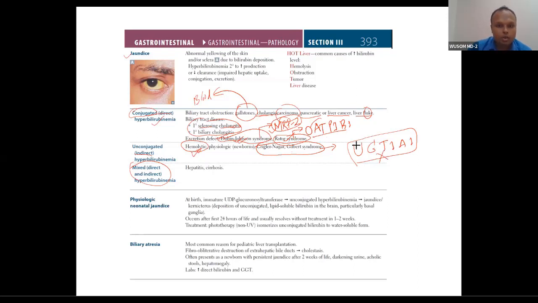In that condition, unconjugated bilirubin will be high. It will also be high if there is a very high flow of bilirubin in the blood because of hemolysis.